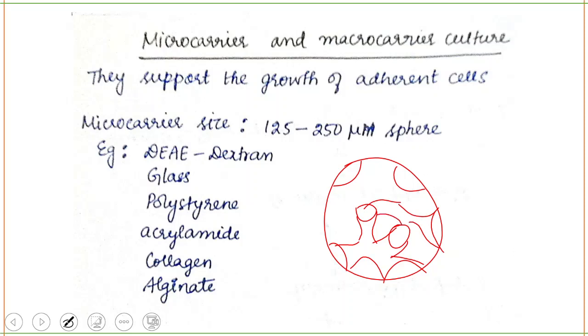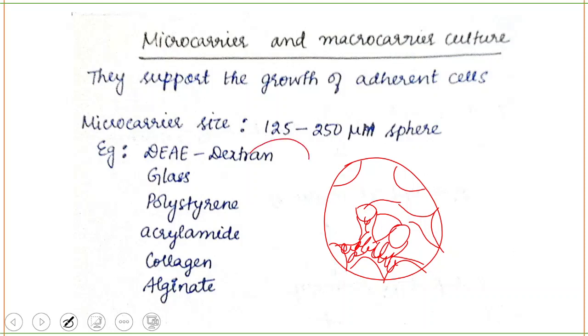So your cells will be growing in these pores, like a channel penetrating inside. Cells can penetrate into these channels and grow. That is why it is called the support material for the growth of adherent cells.